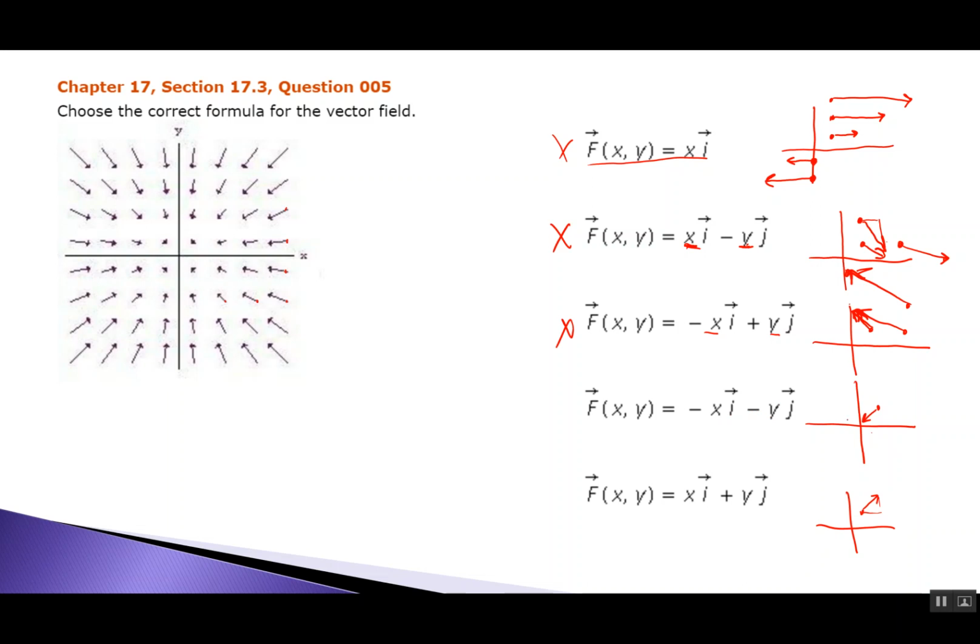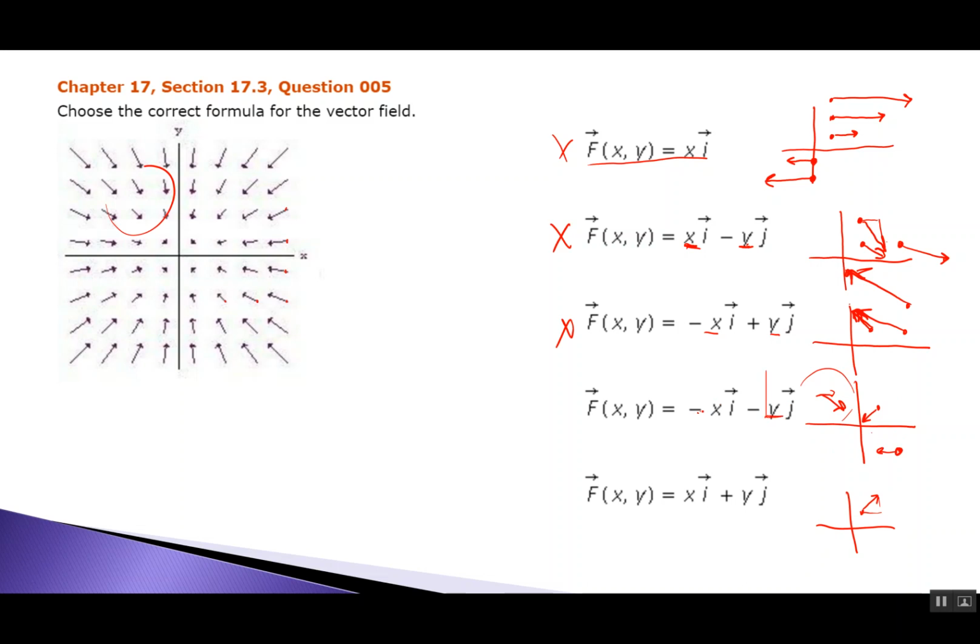Let's check something over here. If I'm in the second quadrant, that means my x value is already negative, so making it a negative makes it a positive, so it'll point in. And the y is positive, so it'll point down, so it'll point towards the origin. Those look right. If I'm in the third quadrant, my x value is positive, so the negative will make it a negative, so it'll go to the left.